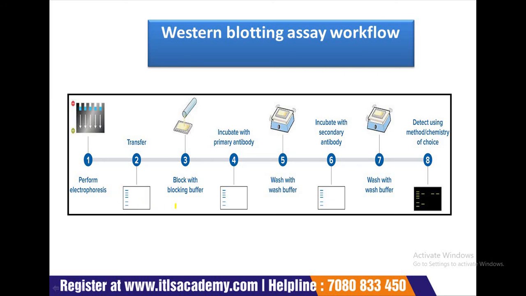This nitrocellulose membrane is blocked with the blocking buffer. In the fourth step, incubate with the primary antibody and wash with the wash buffer, then again incubate with the secondary antibody and wash with the wash buffer, and then detect using the method or chemistry of choice, and here the specific protein bands are visualized.